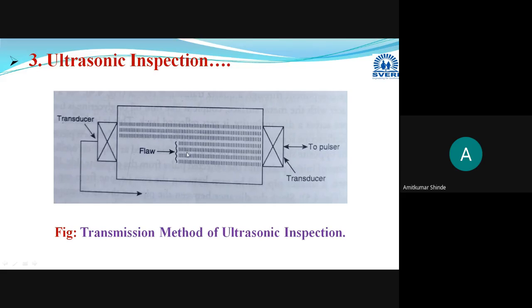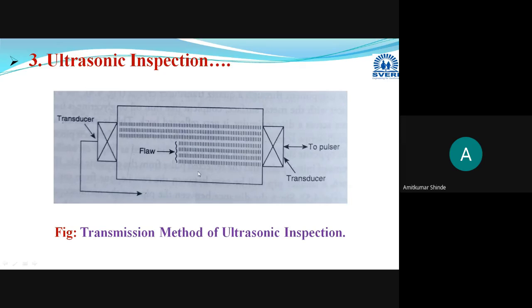Depending on the pattern obtained on the CRO screen, and by measuring the time required for the ultrasonic wave to travel from one end to the other end of that specimen, or from one end to the spot of the defect, times are calculated.